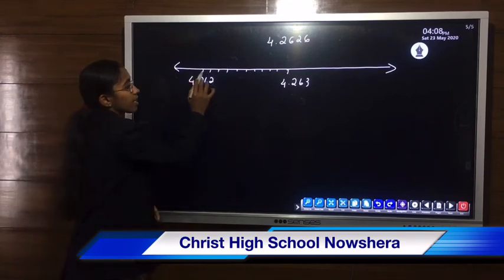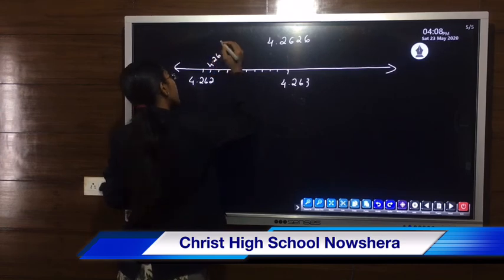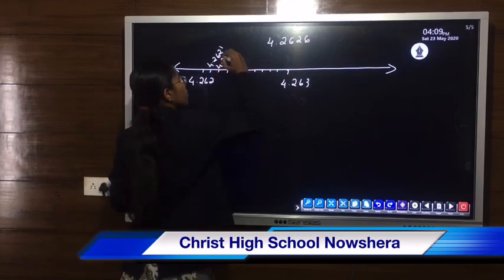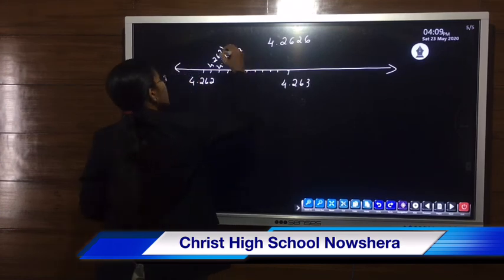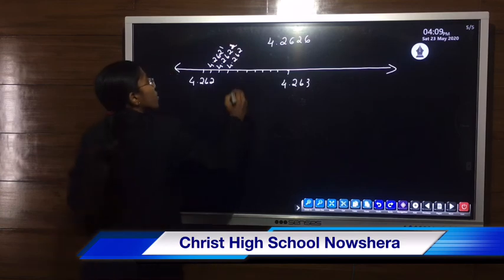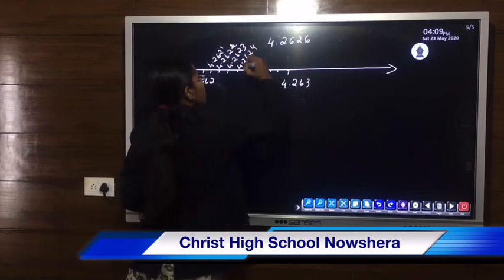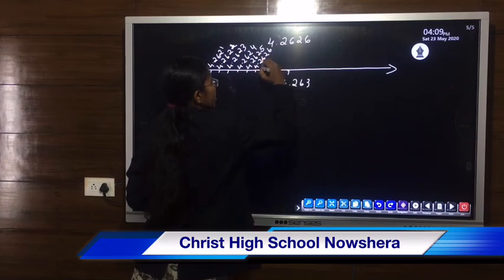The right side of the first point is 4.2621, and so on: 4.2624, 4.2625, 4.2626, 4.2627.